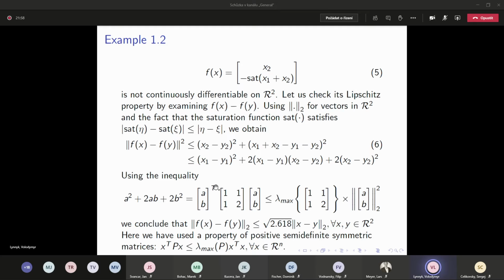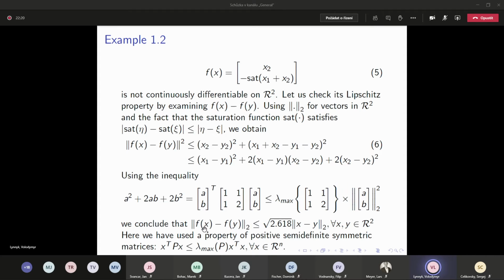Okay, and then we use the inequality a squared plus 2ab plus 2b squared, and this equals the vector transpose times this matrix P times the vector (a, b). This is less than or equal to lambda max of this matrix P times the norm squared of (a, b).